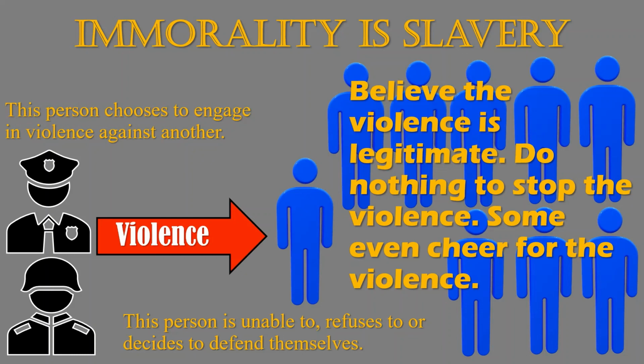This is slavery. This is how slavery works, and people will fight this to the bitter end. Nobody will ever want to see this for what it is. This is how it works.